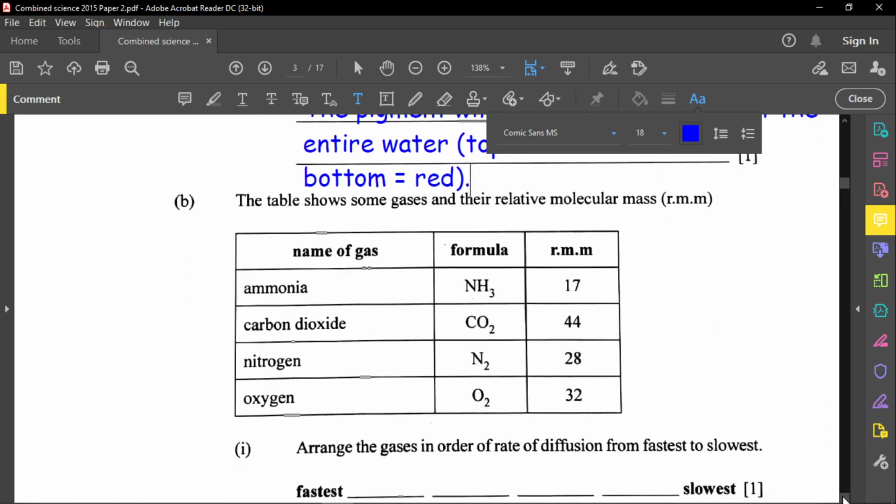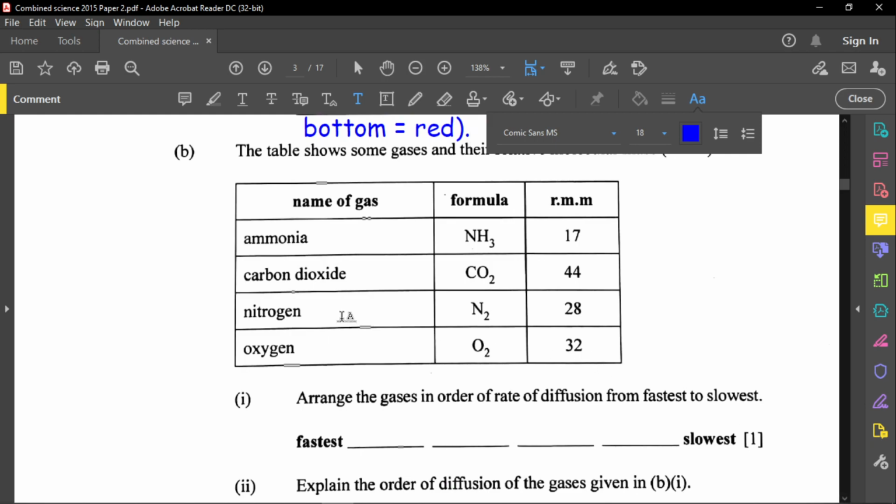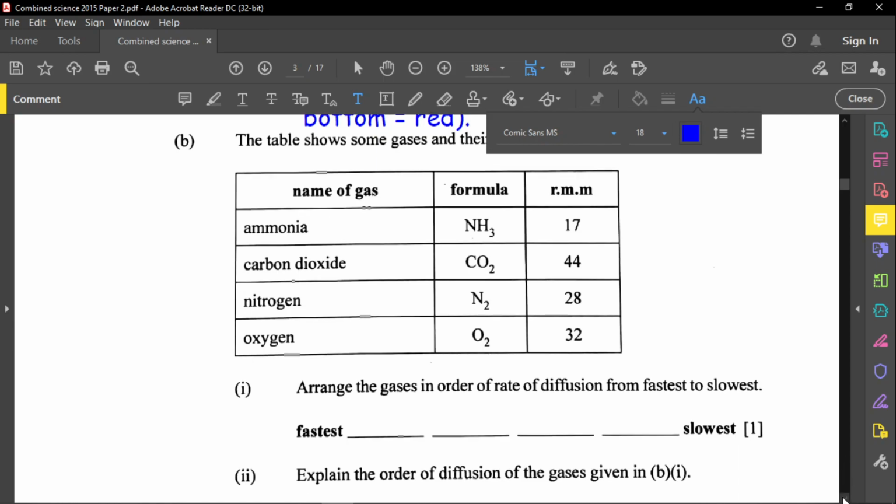However, part B is the table shows some gases and their relative molecular mass. And so we have ammonia, we have carbon dioxide, we have nitrogen, we have oxygen, and we have their masses here. And this part is saying arrange the gases in order of rate of diffusion from fastest to slowest. And so we're going to use the relative molecular mass to determine how fast they will diffuse.